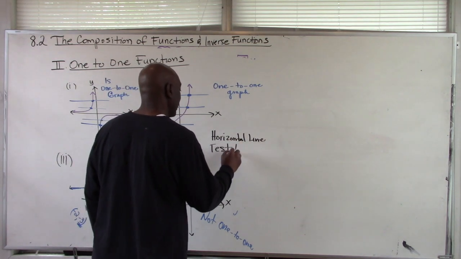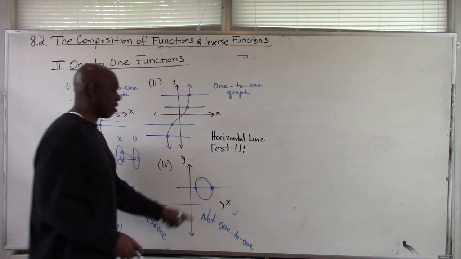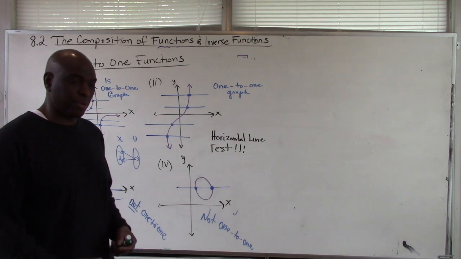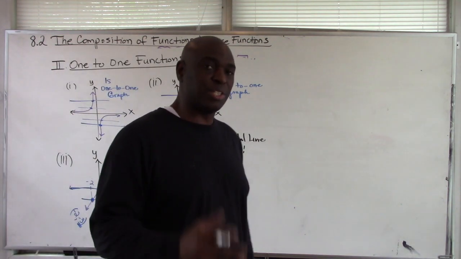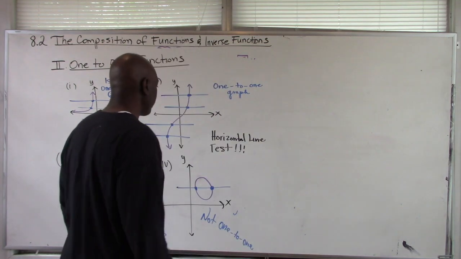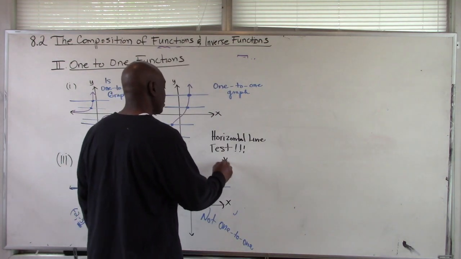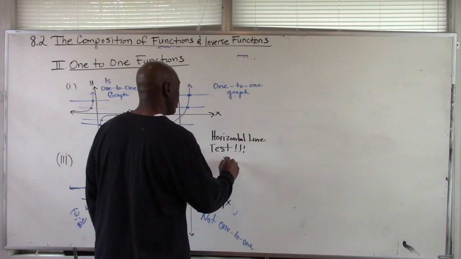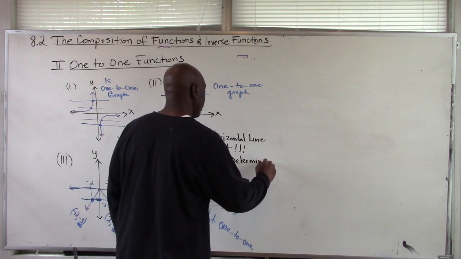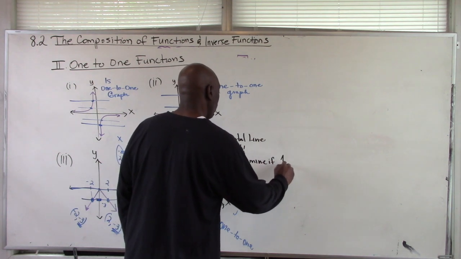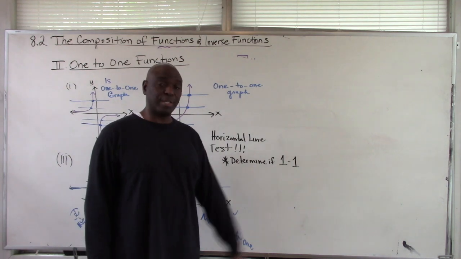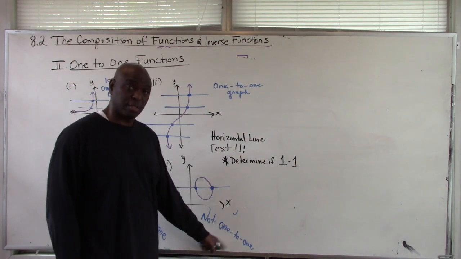The horizontal line test is used to indicate whether the relation is 1 to 1 and whether or not it is invertible. Okay? So it's used to determine if 1 to 1. This is another way of writing 1 to 1, 1-1. That means 1 to 1.